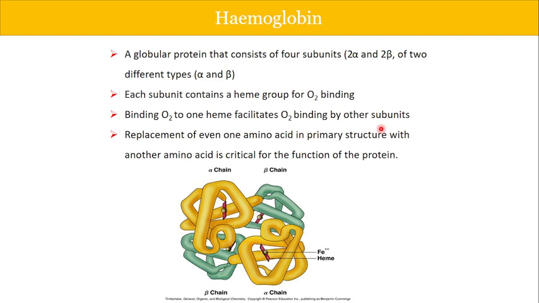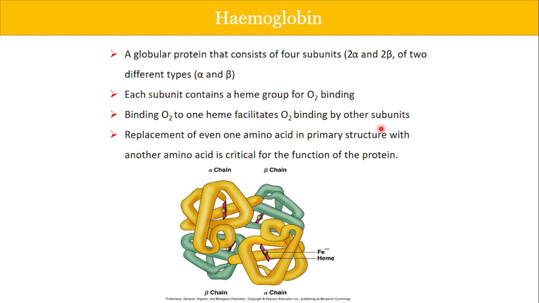So one subunit can work independently, and this can even activate the functioning of the other subunits as well. When oxygen binds to one heme group, it enhances oxygen binding to the other subunits.